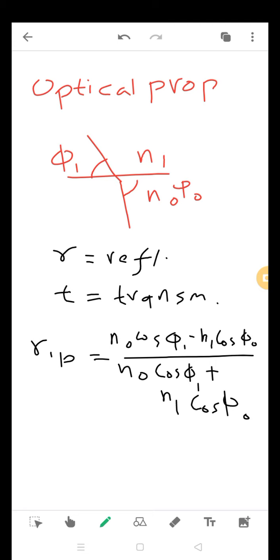Now this R1P is actually called the Fresnel's reflection coefficient.